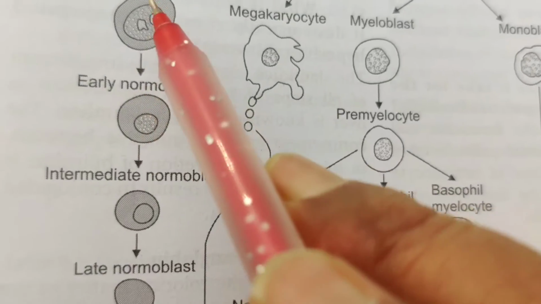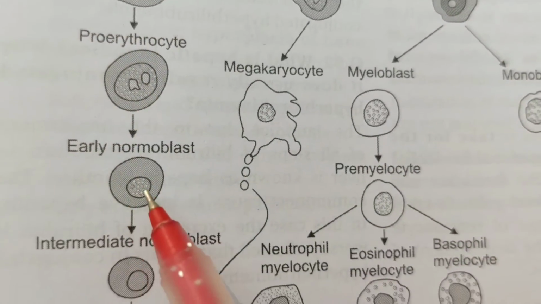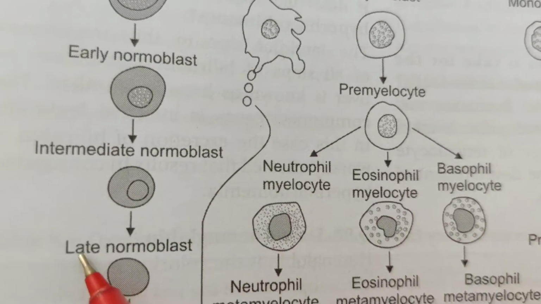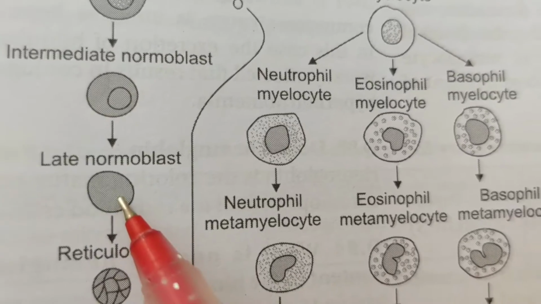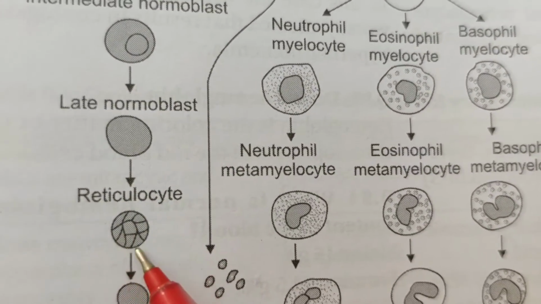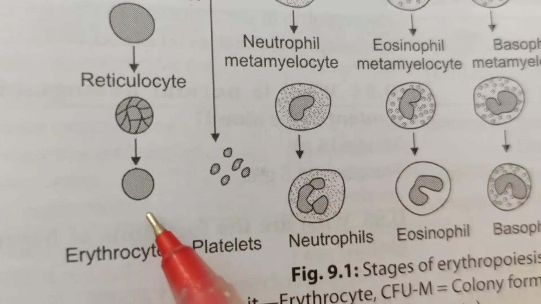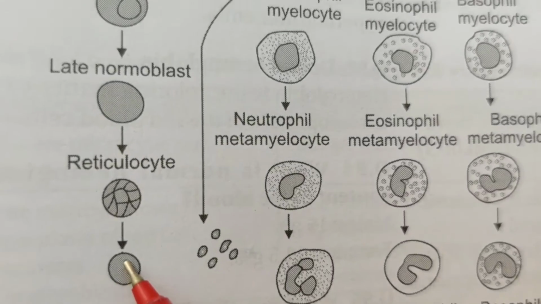You see the changes occurring in the nucleus. Here the nucleus was bigger, gradually the nucleus decreases in size. Coming to the late normoblast, you see the nucleus almost disappeared. In reticulocyte, it has become reticular in shape and then becomes erythrocyte, where no nucleus is present.